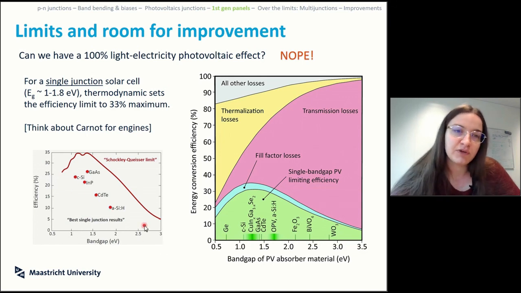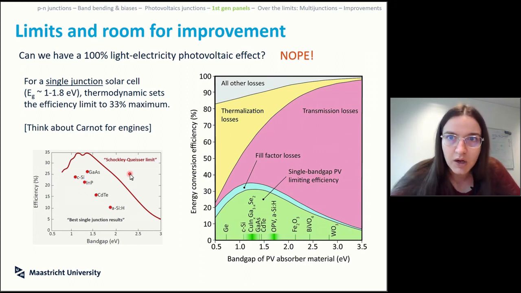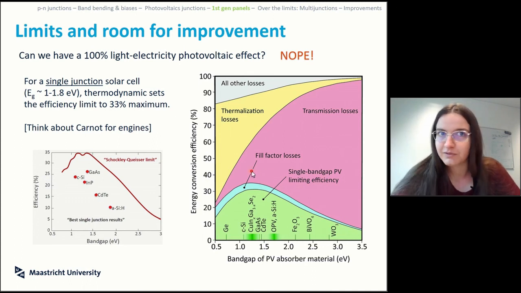A lot of the stuff that we are using peaks at 33% maximum. It's not because we are not able to do this better or because we are not putting in enough effort. It's because with a single possible junction, this is the peak efficiency. You can try to improve the arrangement, reduce some of the losses, cool down your panels and so on, but given that you have a band gap, that will be your maximum efficiency.